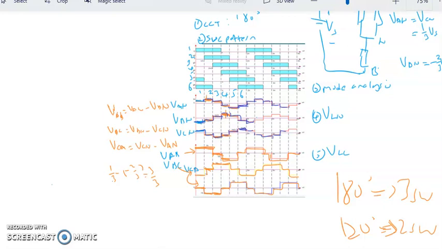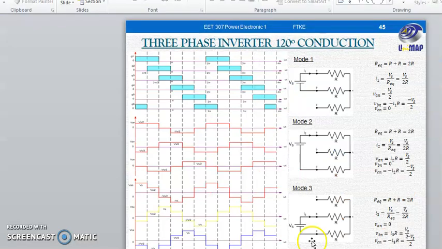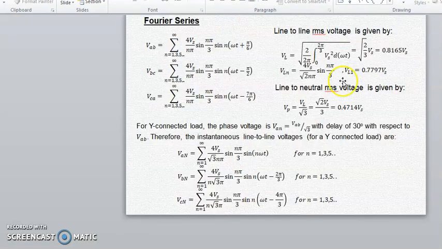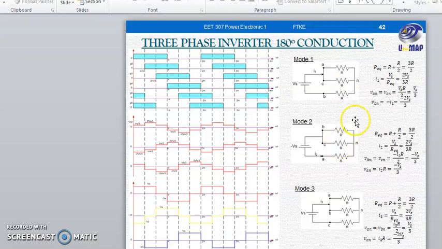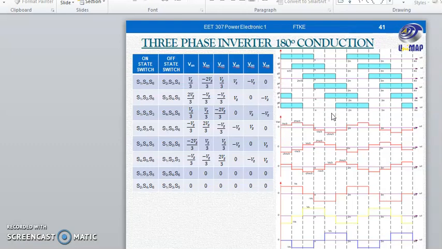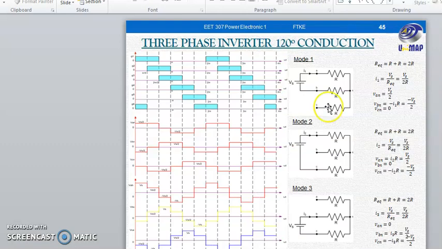So that's why we can see that inside our 3-phase inverter for 120 degrees connection, only 2 switches connected. Sorry, this is 180. Okay, 120 degrees, only 2 switches at any mode. 1, 2, 3, 4, 5, 6, only 2 switches connected.